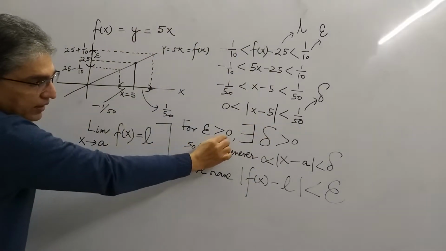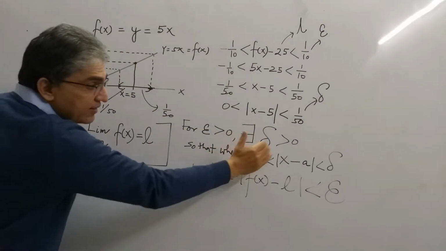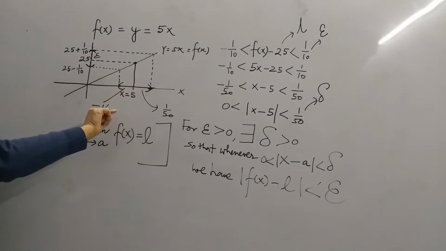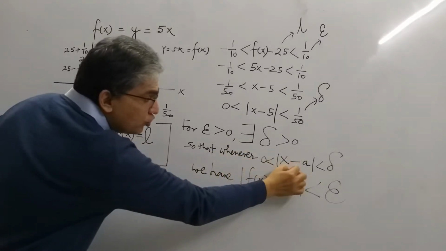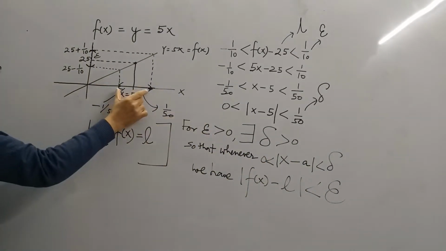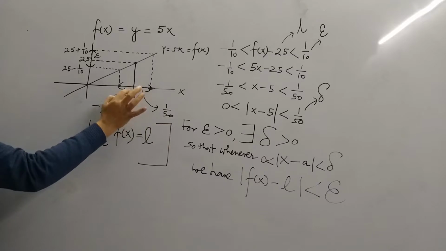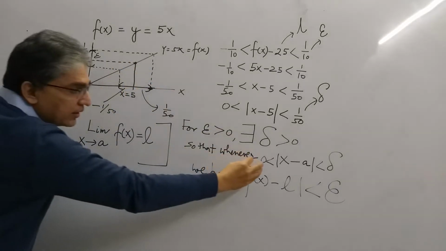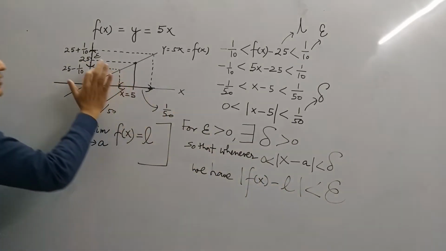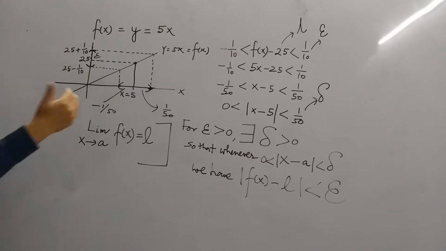For any epsilon, that was 1 by 10, there exists a delta, and the delta that existed was 1 by 50, so that whenever I choose any value x around 5, with x minus 5 lying between plus and minus 1 by 50, then my function deviates from the limit only by an amount less than the epsilon. So this is what I just explained.